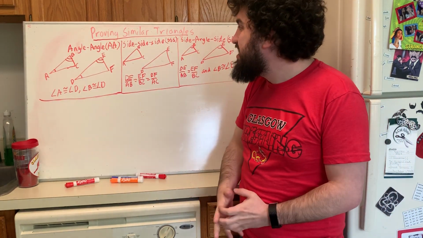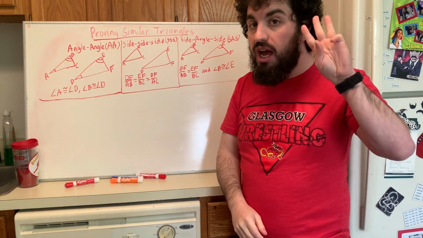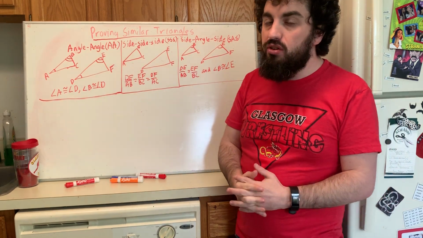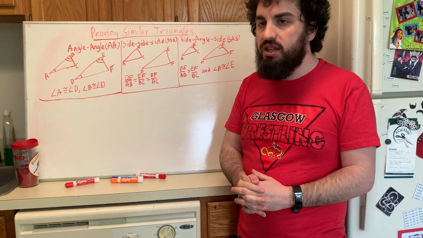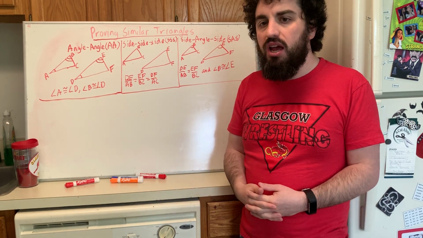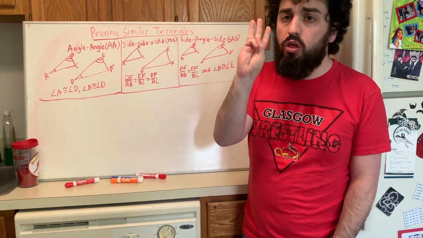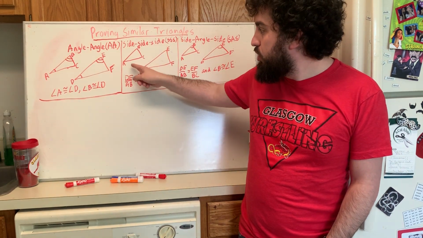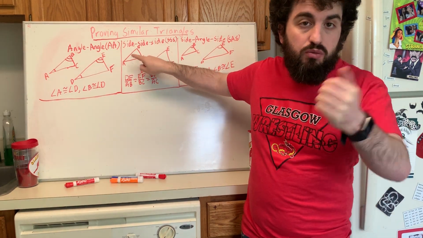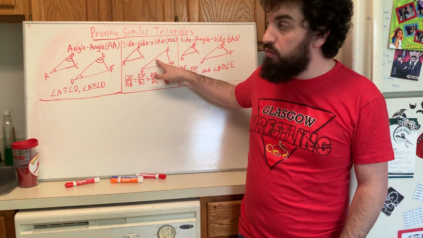The next one is side similarity. You must have all three sides in this scenario. Sides, unfortunately, do not work like the angles because the perimeter does not have to be a set size. So you need to make sure the ratio of all three are the same. You're going to look at DE to AB, see what that ratio is. Let's pretend for this example, this has a ratio of 5.